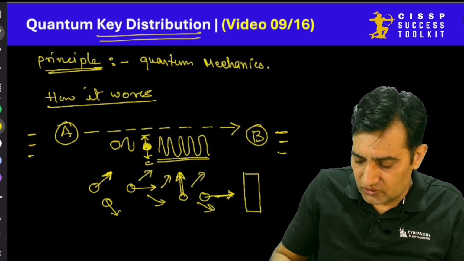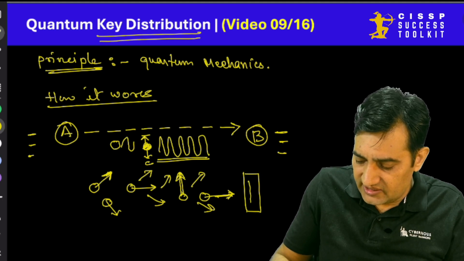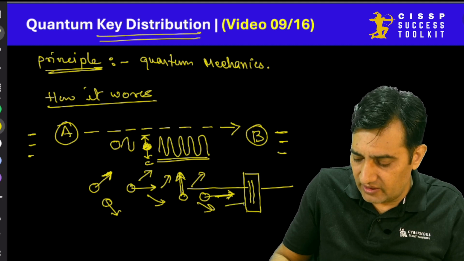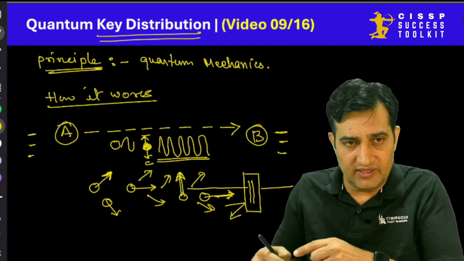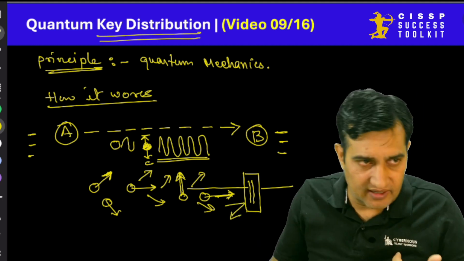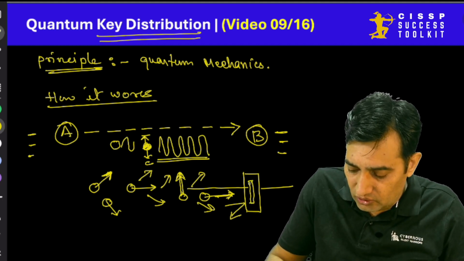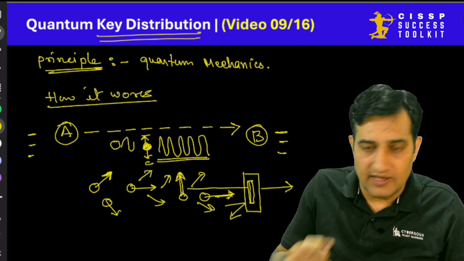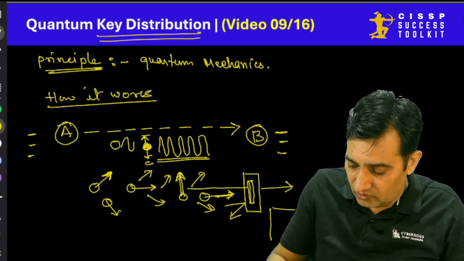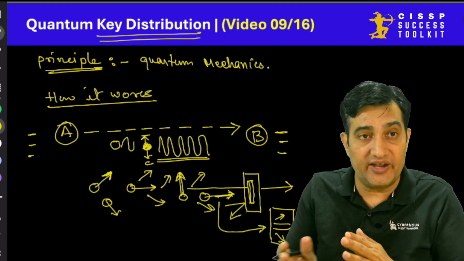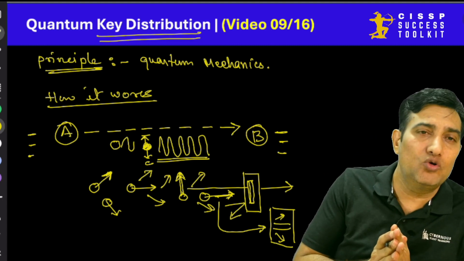Only those photons which are set to go will pass through; the rest will get reflected back. Only the required photons that have the authority to get inside will get inside. Similarly, if on the other end Mr. B has made an arrangement for a horizontal photon, this horizontal photon will go through, and the rest will be ignored.